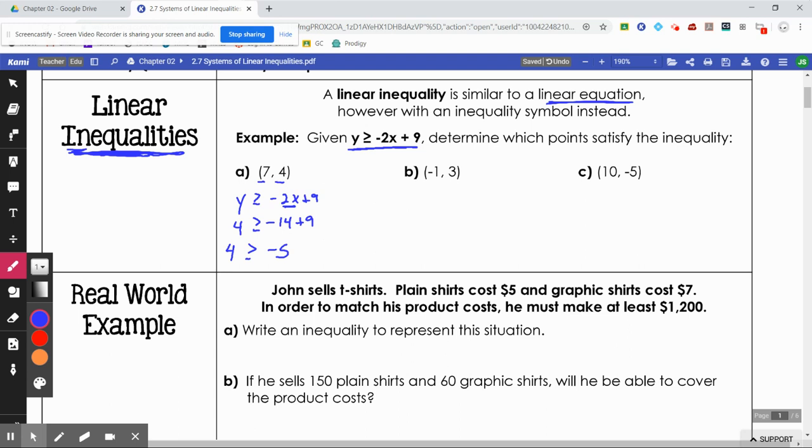Since that is a true statement, check, this one does satisfy it. The second one, again plugging it in place of y, we're going to put 3 is greater than or equal to negative 2 times negative 1, which is a positive 2. When we add 2 plus 9, it gives us 3 is greater than or equal to 11. That is false, so therefore that one does not satisfy it.